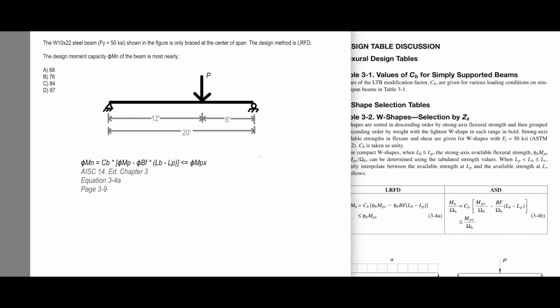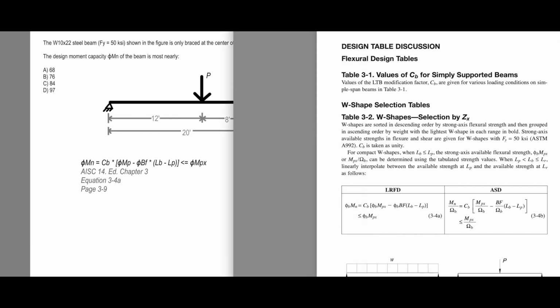It says phi Mn is equal to Cb, which is the lateral torsional buckling modification factor, times phi Mp, which is the plastic moment capacity, minus phi BF. And phi BF is essentially a simplification of the AISC specification equation F2-2.